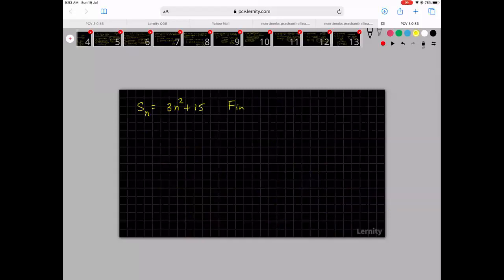Find T1, the common difference, and T9. Find T1, d, and T9.